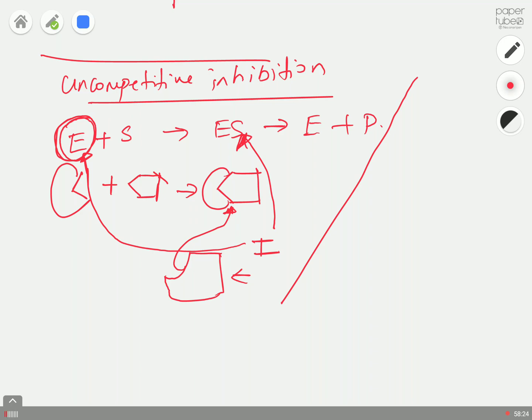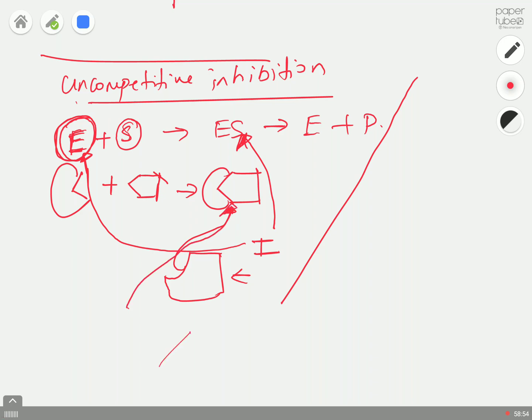So for a competitive inhibitor, we have an inhibitor that competes with your substrate for the same binding pocket in the enzyme. But uncompetitive inhibition is where you have an inhibitor that will not compete with the substrate. It may have a completely different funny shape, but it can bind with the enzyme substrate complex.